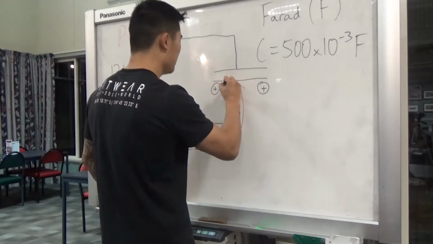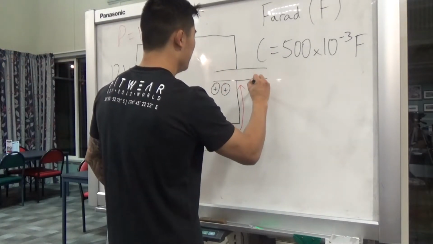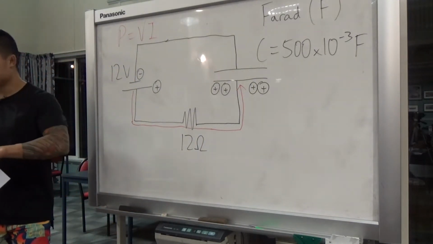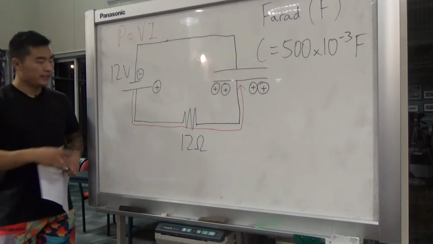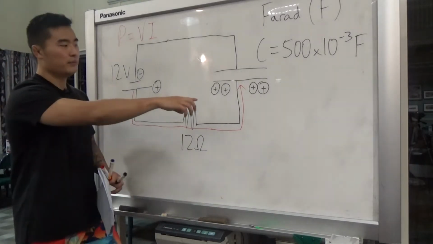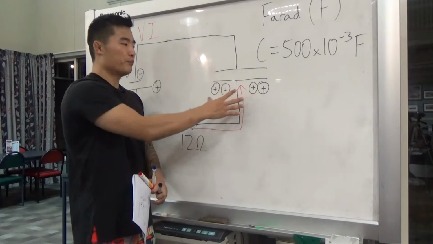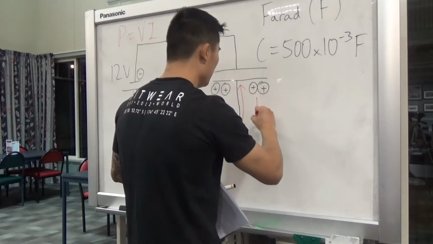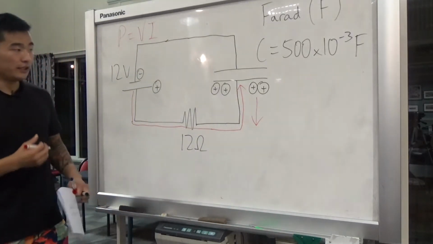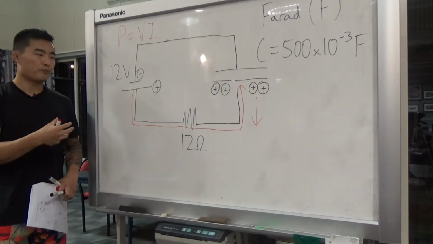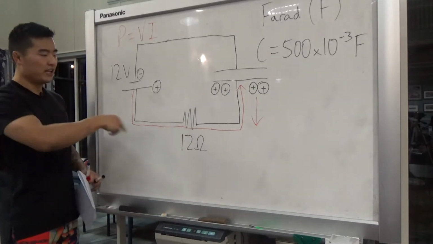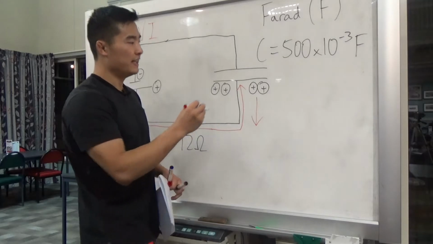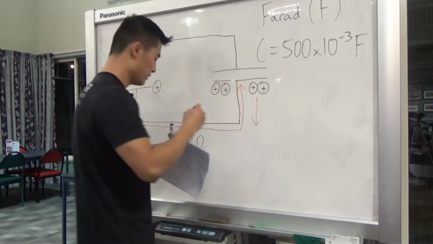Now, remember that positive charges don't like being next to each other. So there's more and more positive charges coming, but there's already positive charges here. So they're going to repel. There'll be a repelling force in the opposite direction, and there'll also be a voltage.